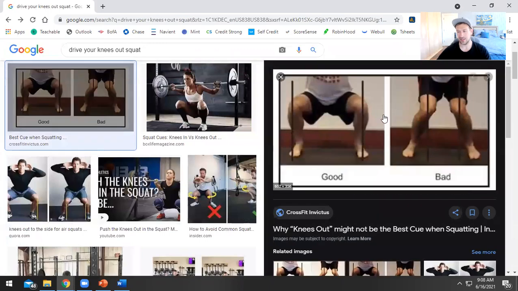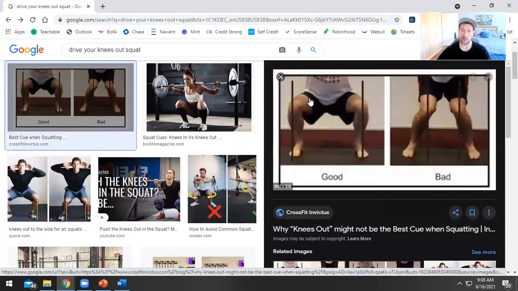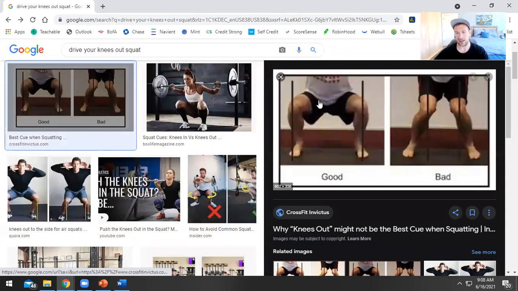There's two things that this does. Number one, it puts your femur in the position it's supposed to be in, and that's probably honestly the most important, but it also shortens the distance that you have to squat. By driving your knees out like that, you are in a more biomechanically advantageous position.